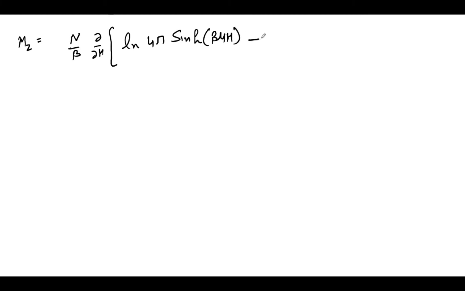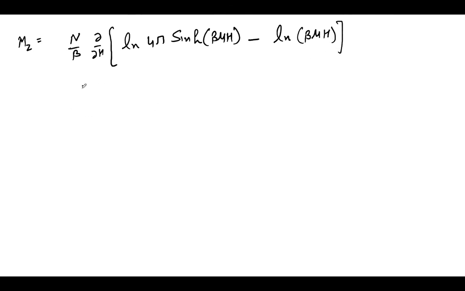So when I further solve it, this Mz we can write as N over beta del by del h, log of 4 pi sine hyperbolic beta mu h. The terms which are in the denominator, we can write as minus log beta mu h.